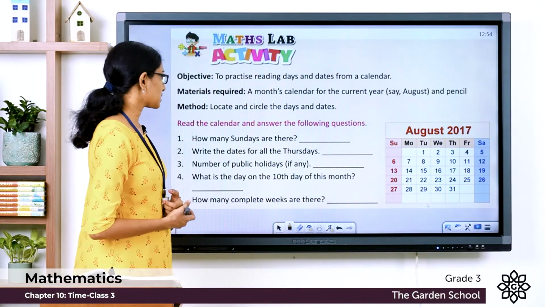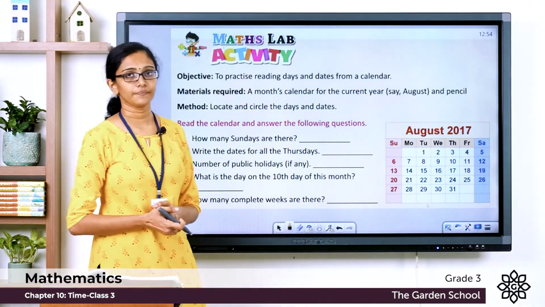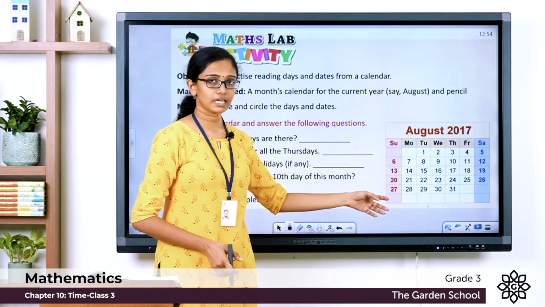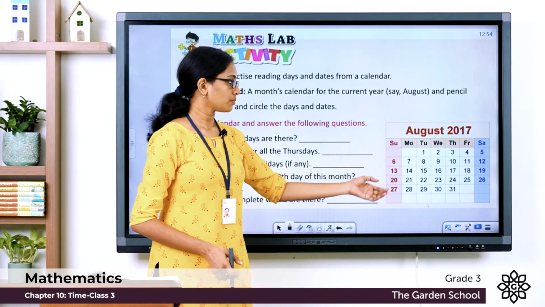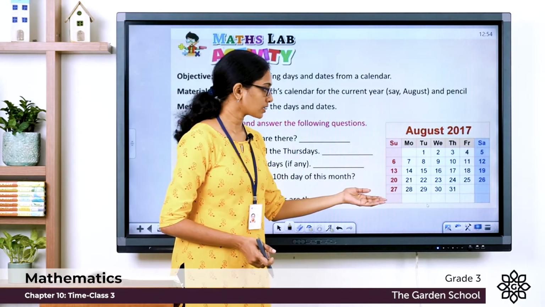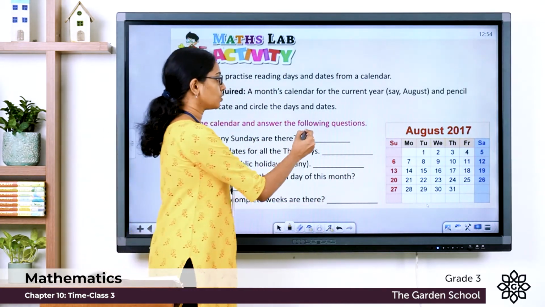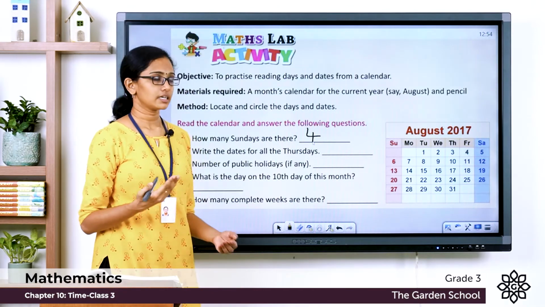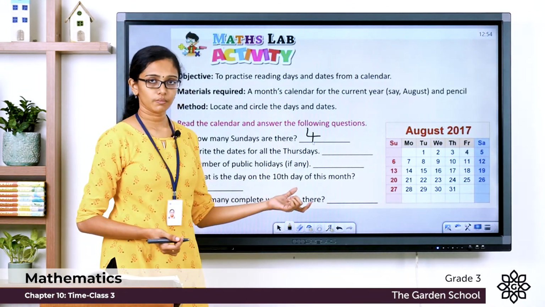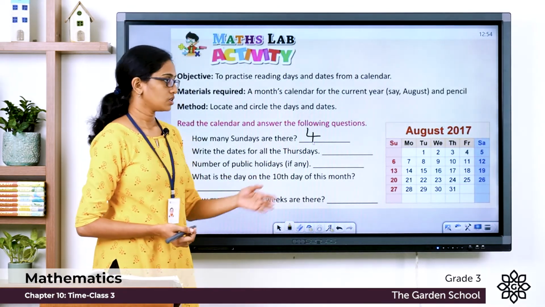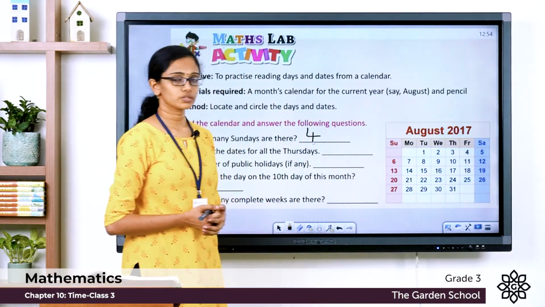The first question is, how many Sundays are there? You can see the Sundays are marked here in red. How many Sundays are there in this calendar shown here? There are 1, 2, 3, 4 Sundays. So you can check the calendar that you have in your hand, check the number of Sundays and write it there. In this calendar there are 4 Sundays marked.